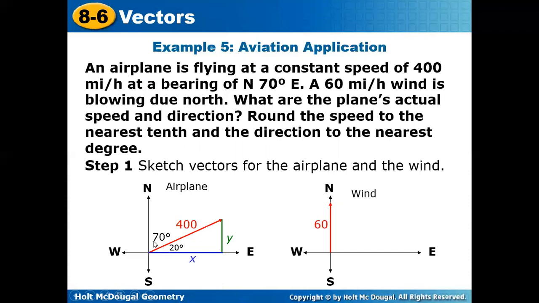So we put 70 here between north and east in the first quadrant. And for the wind, 60 miles per hour, due north, it means its direction is here, the north.